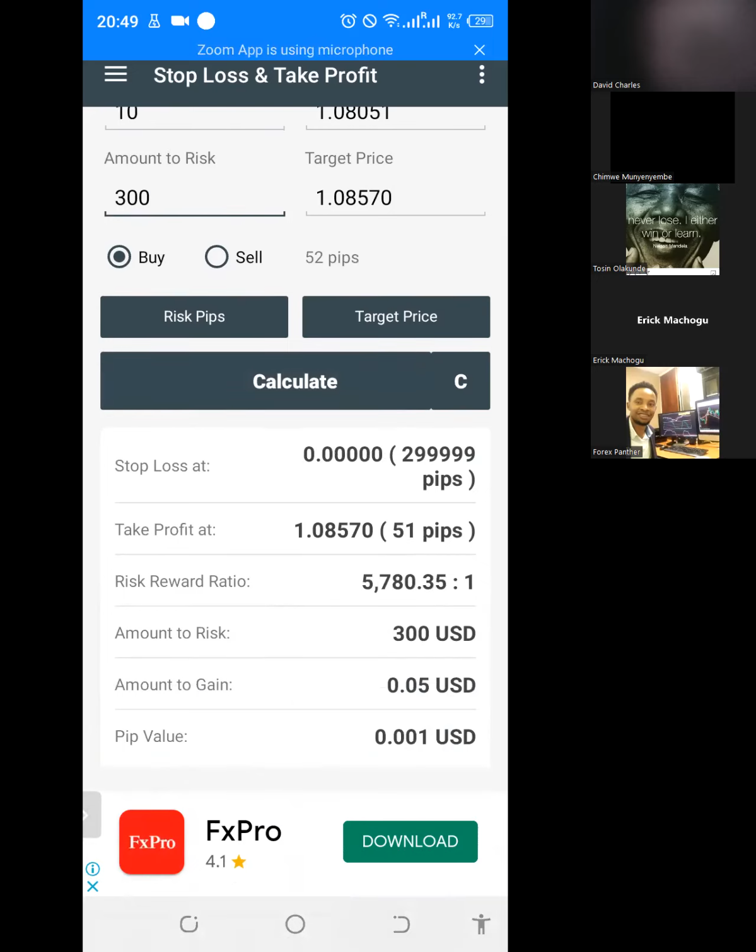It tells you where you are going. So take profit, it's there, you can see it. That's 51 pips. So that 51 pips, you have to calculate it down here with the initial amount to gain and the pip value. Now you start calculating it. How many times does it go inside there?